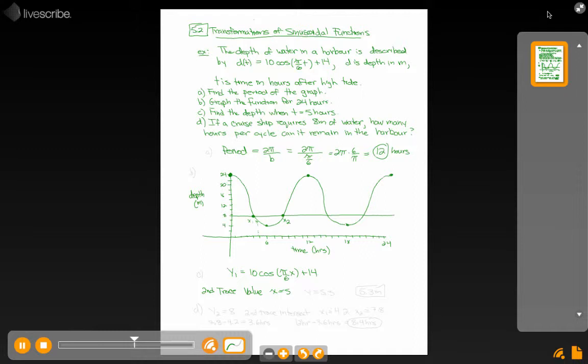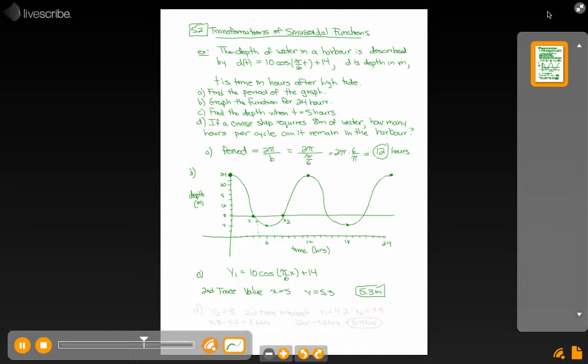So what I find when I do that, y equals approximately 5.3. So the answer to A was this period, the answer to B was this graph, the answer to C is what we've just done, and we're getting an answer of about 5.3 meters deep.